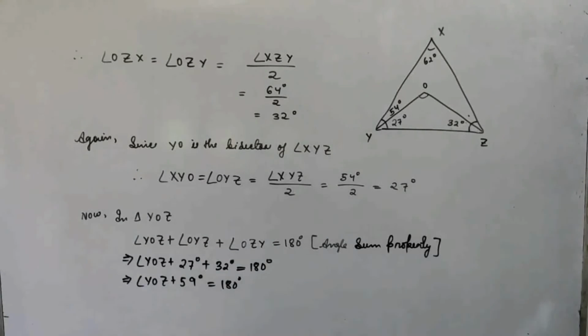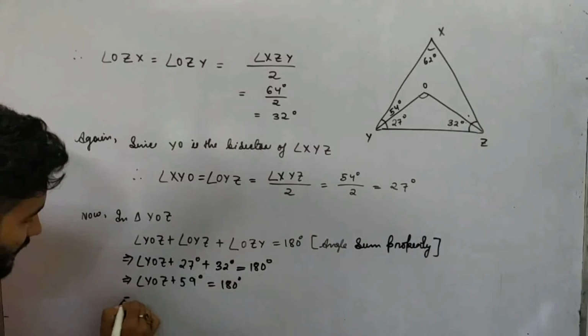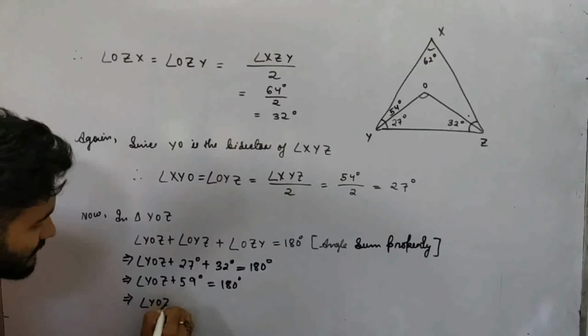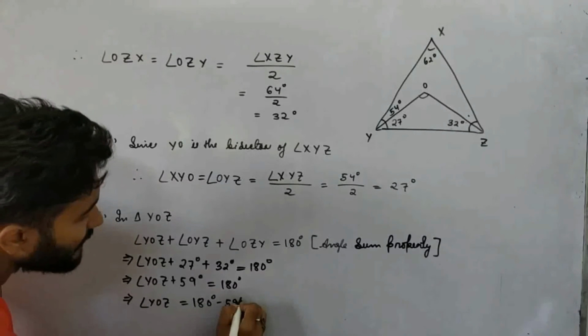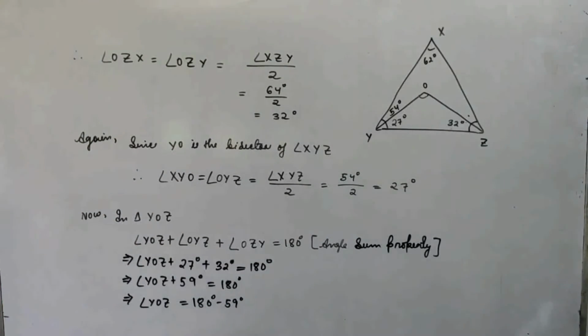Now take this 59 degrees to the right hand side, so plus 59 becomes minus 59. Which implies angle YOZ will be equal to 180 degrees minus 59 degrees. So subtract this, you will get the answer.